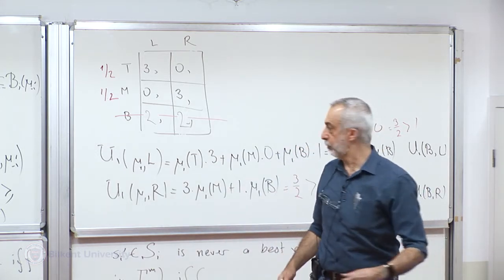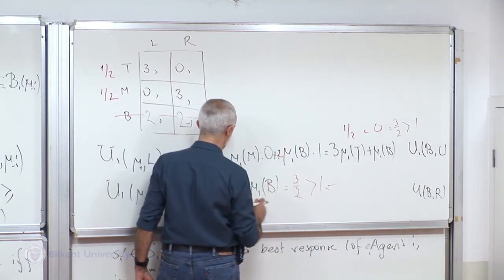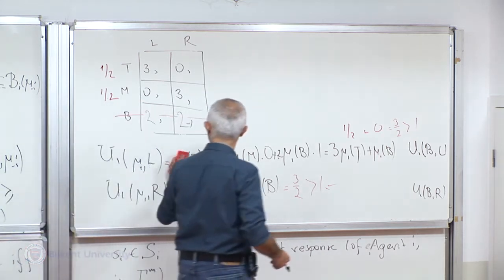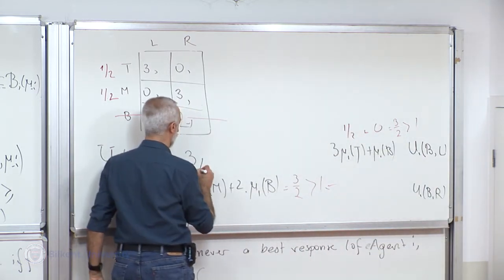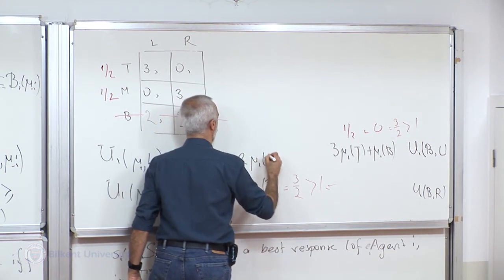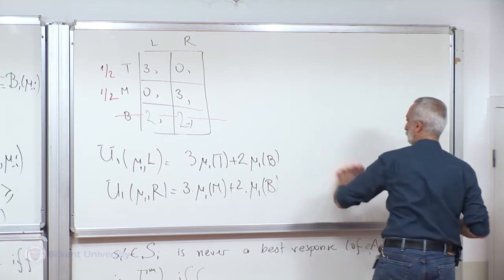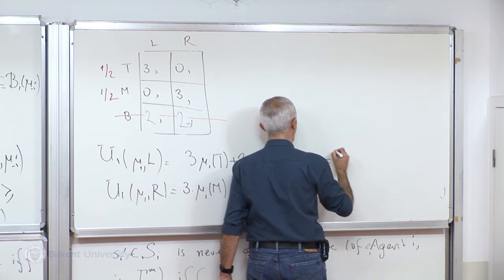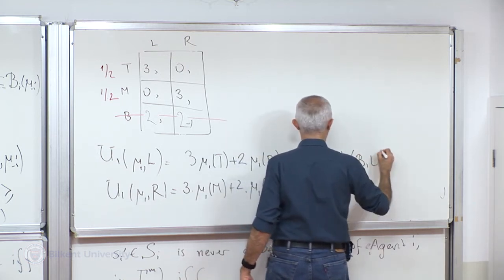In the mixed extension game, here we'll have a 2, here we'll have a 2, and let me erase this part. I'll just write this: 3 mu1 of T plus 2 mu1 of B. So here we have 2, which is U1 of BL.